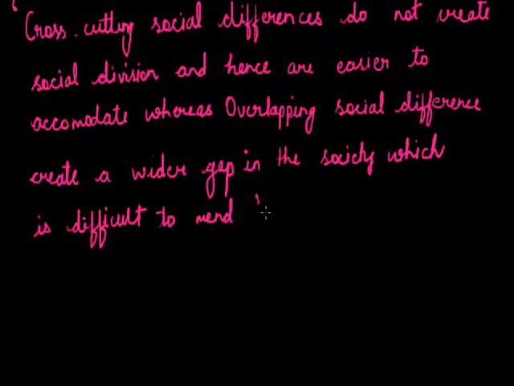In our book, we have a nice example to explain the concept in an easier manner. Here we have taken examples of two places, Northern Ireland and the Netherlands. First, we take the example of Netherlands, where, as we see in most parts of the world, the society is divided.